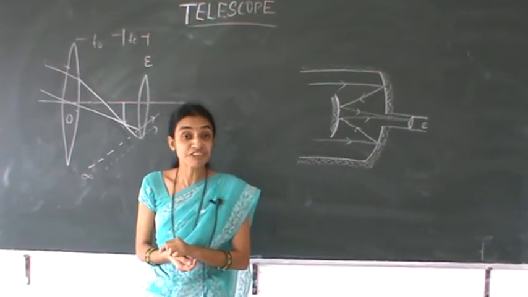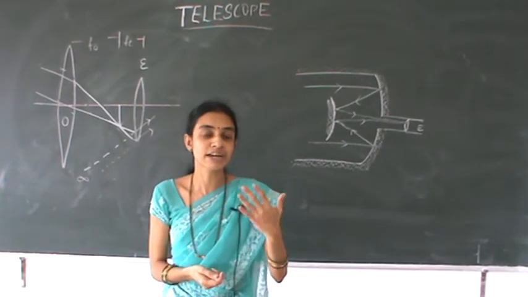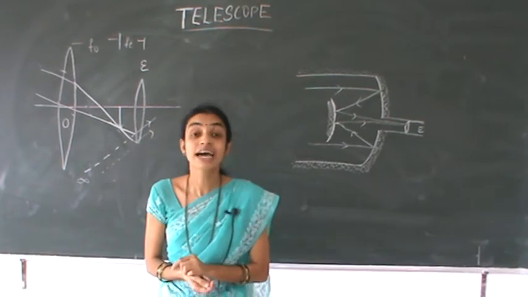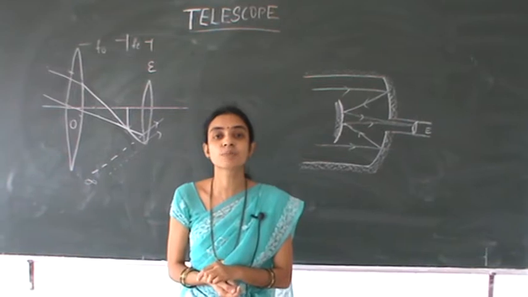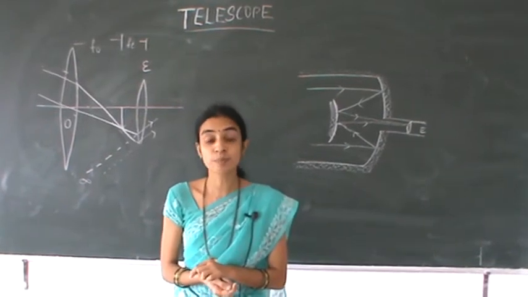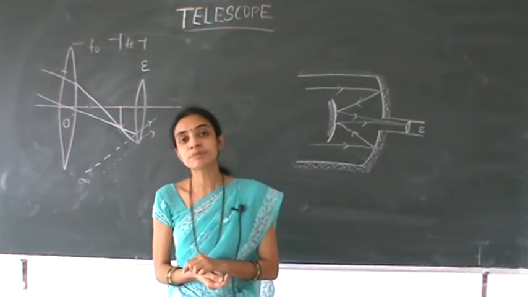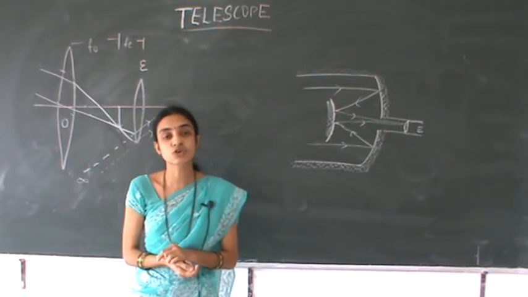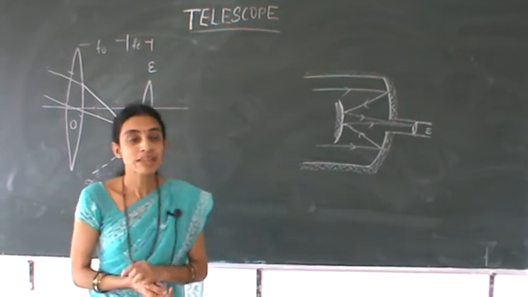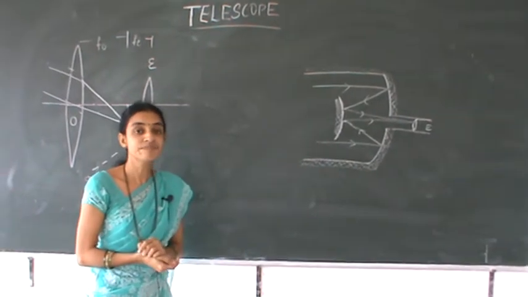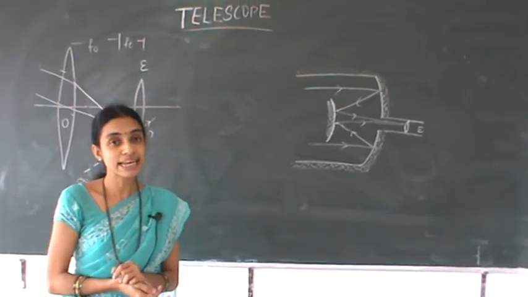In the refracting type telescope, refracting means a lens is used. The refracting type has two types, the astronomical telescope and the terrestrial telescope, whereas the reflecting type is the Cassegrain telescope and the Newtonian telescope. Let's see the refracting type telescope first.